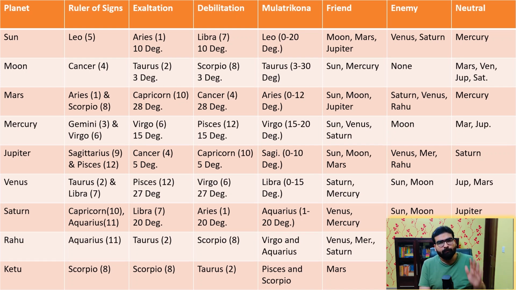Same thing with Mercury. Mercury's Mulatrikona zodiac sign is Virgo. The reason is the same. What was there for the exaltation of Mercury in Virgo is the same reason for Mulatrikona. Then Jupiter. Jupiter is Mulatrikona in Sagittarius. Now Jupiter controls two zodiac signs, Sagittarius and Pisces, but its Mulatrikona zodiac sign will be Sagittarius.